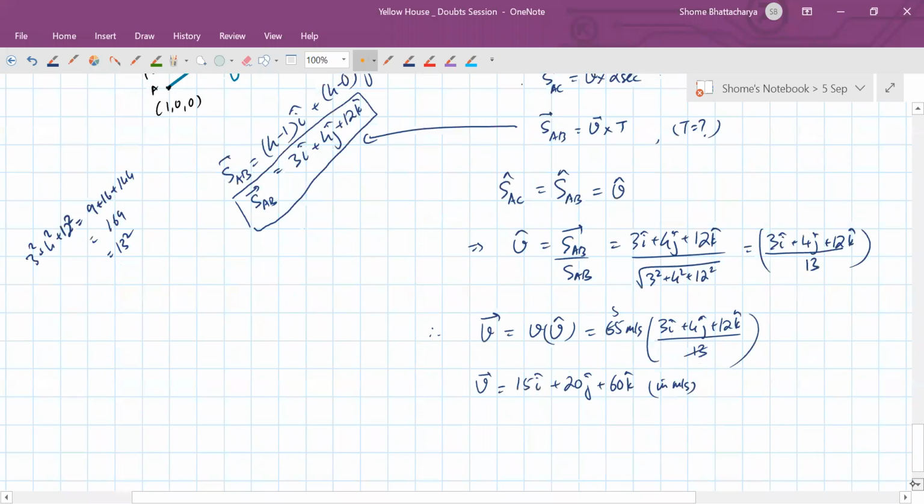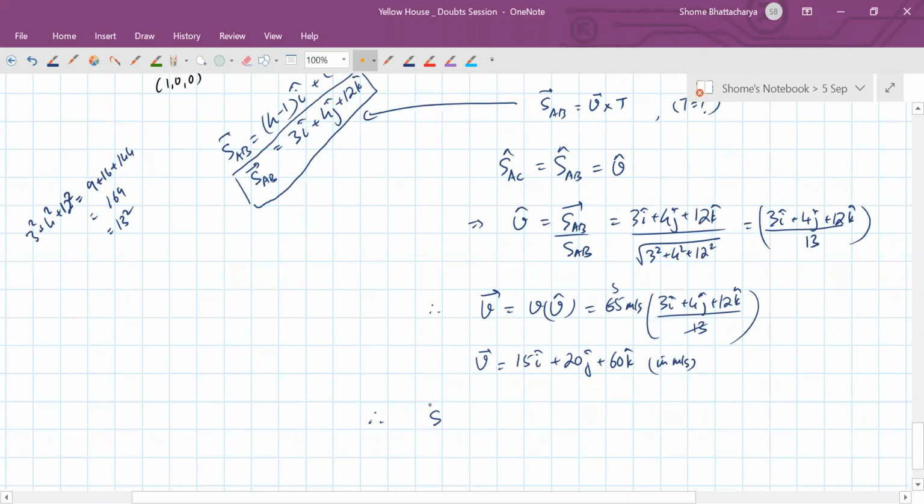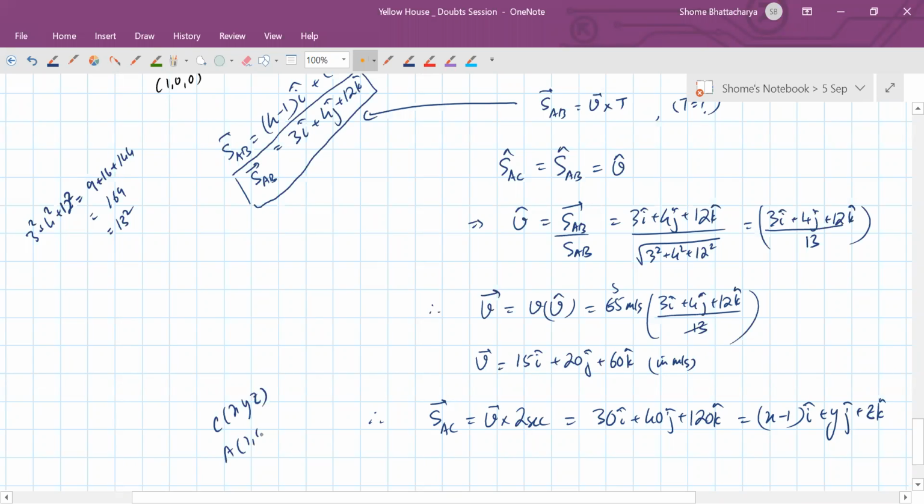So now you can see that the displacement from A to C was this velocity multiplied by 2 seconds. So that's 30 i cap plus 40 j cap plus 120 k cap, and this displacement should be nothing but (x minus 1) i cap plus y j cap plus z k cap, because the coordinates of the point C were x, y, z, and the coordinates of the point A were 1, 0, 0.